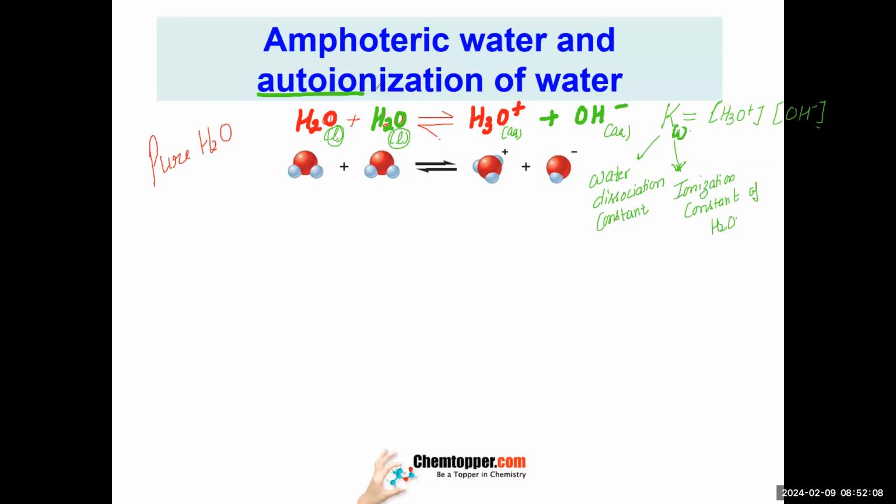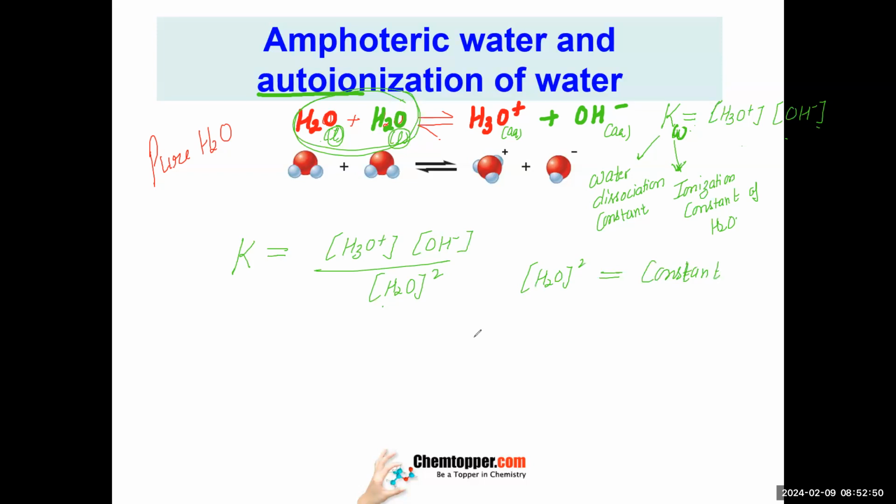Generally, they show it like this: it is a constant, right? There will be hardly any change in its concentration. Some books write it like this: K equals the concentration of H3O plus times the concentration of OH minus divided by the concentration of H2O squared. Then they say this concentration of H2O squared is a constant, because a very large amount of H2O is there.